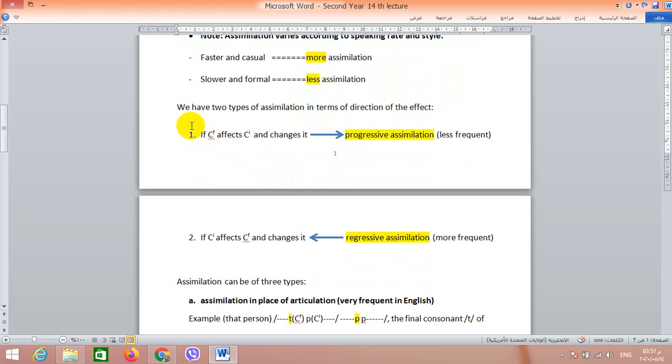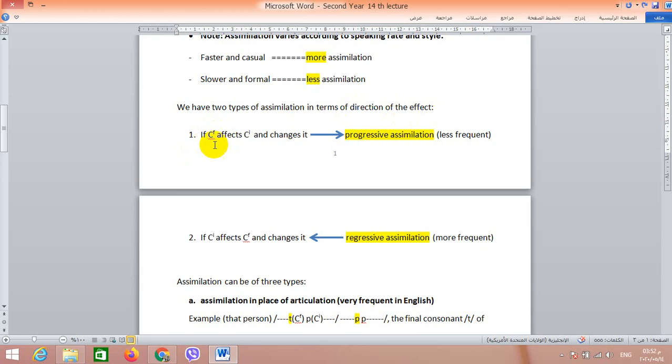Now, we have two types of assimilation which are classified in terms of the direction of the effect. We are talking about an effect. Either CF affects CI or CI affects CF. So this effect is of two types. Look at me please and pay attention.